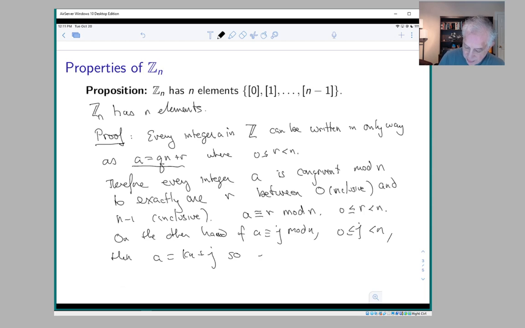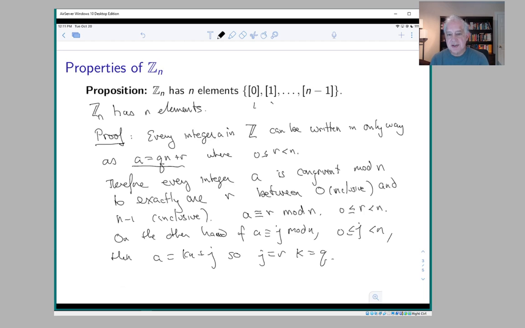And so j would have to equal r and k would have to equal q, because there's only one way to write a as qn plus r. So this tells us that Zn is partitioned into n equivalence classes, and each equivalence class corresponds to a possible remainder when you divide an integer by n. And those possible remainders go from 0 up to n minus 1. Those remainders are unique, so every integer belongs to exactly one of these n equivalence classes.